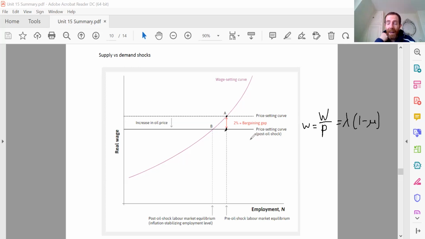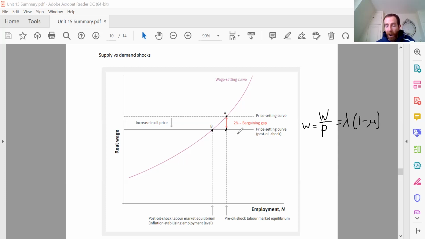And then how do we get the higher levels of unemployment? Well, if eventually we do get to the new longer term equilibrium, the post-oil shock equilibrium, you can see that's going to be here at point B, where the level of employment is lower, but there's a higher level of unemployment.